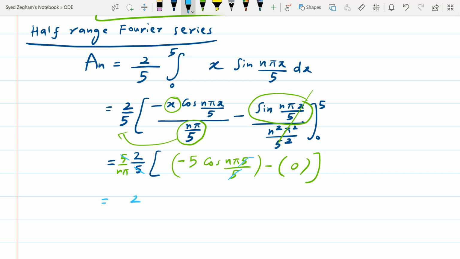So what are we getting now? We are getting 2 over n pi minus 5 cosine n pi, and cosine n pi is minus 1 to the power n. So this is the value of an which you have calculated.